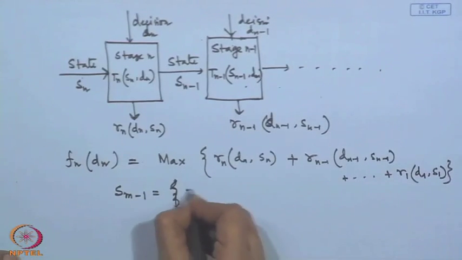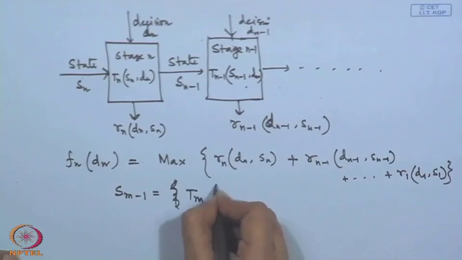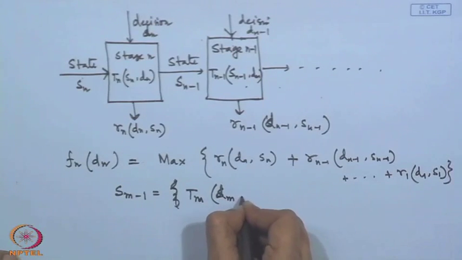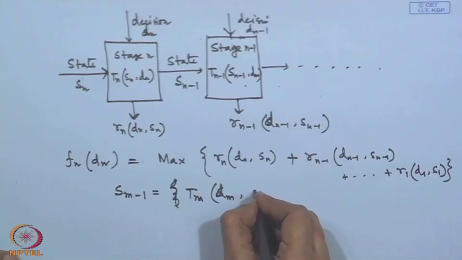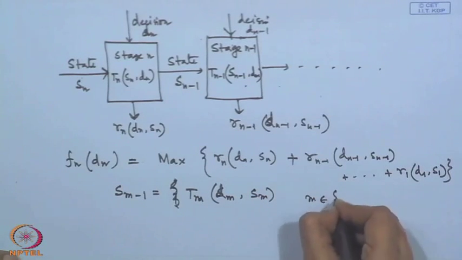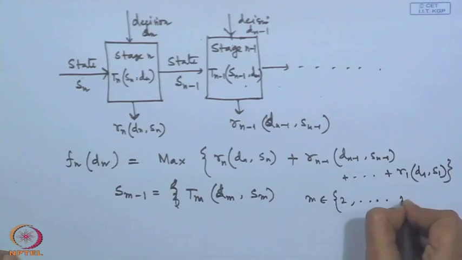where we have considered the stages through the stage transformation equation, because as we have seen, this Tm function is responsible for this, where m is running between 2 to n.